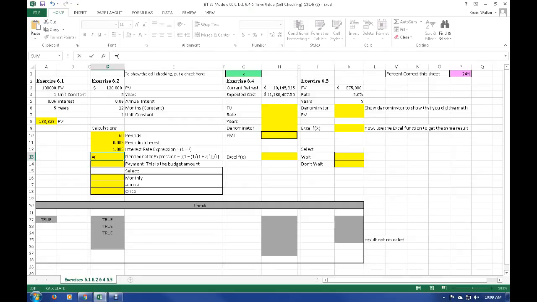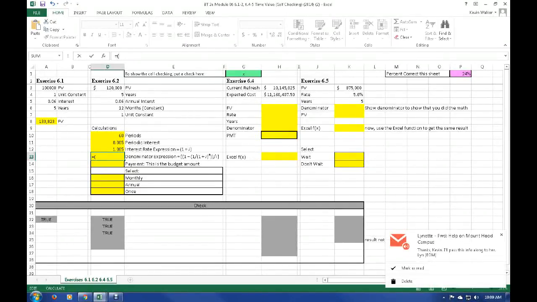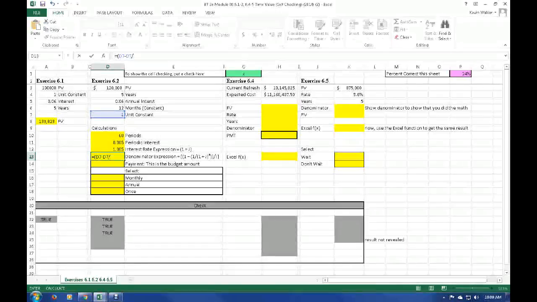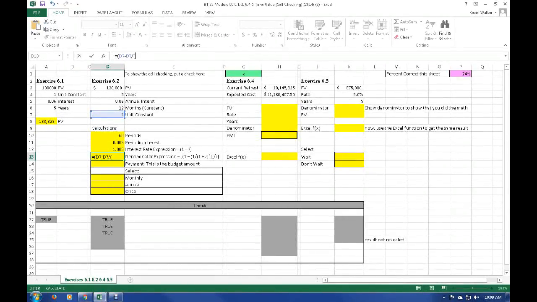Need a bracket because we're going to have some hierarchical math here. So it's basically going to end up being the unit constant minus, back to the unit constant, divided by the interest rate expression, which, see, that's the 1 plus i.